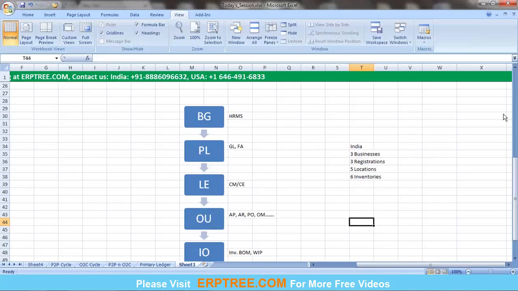Within one country, everything remains the same, the payroll statutory process and the currency. There is no element which makes a difference to go with more than one. So one BG, because within one country there won't be any requirement to go with multiple business groups. Fine. They are doing three businesses. Then please go ahead.